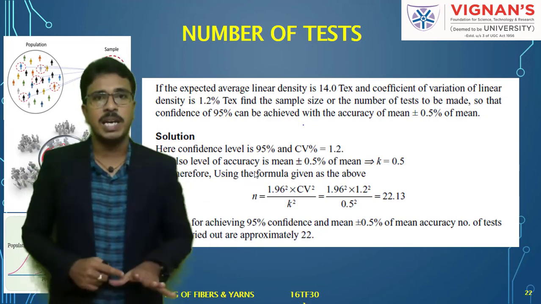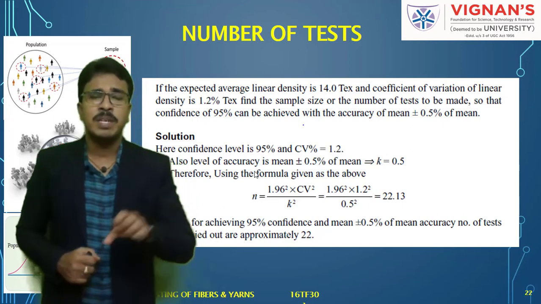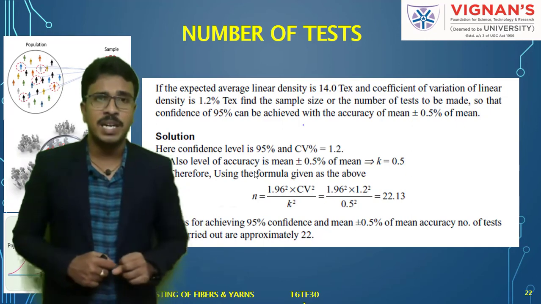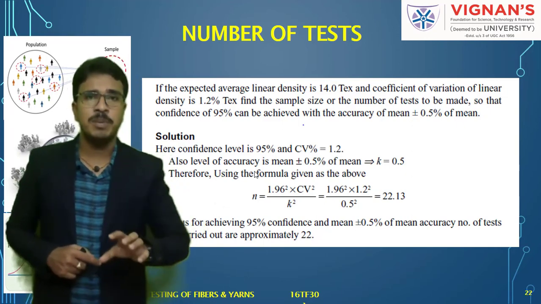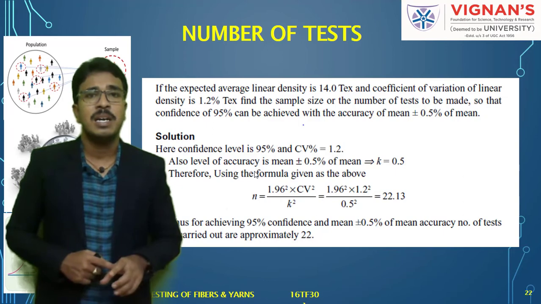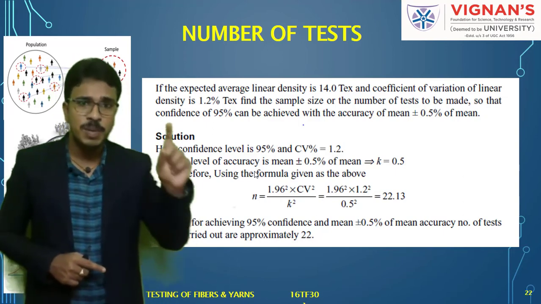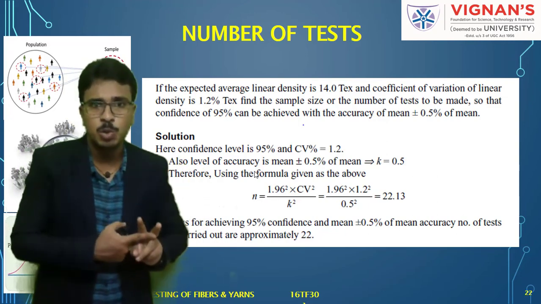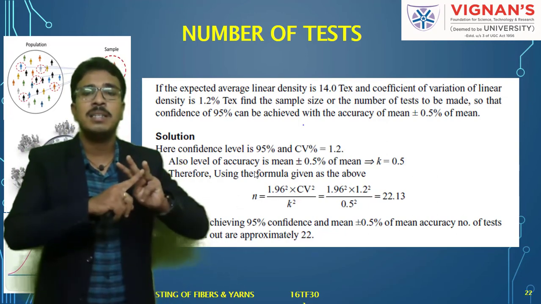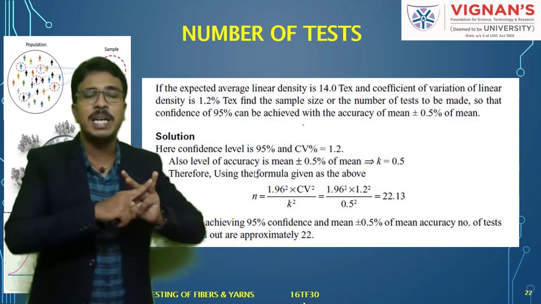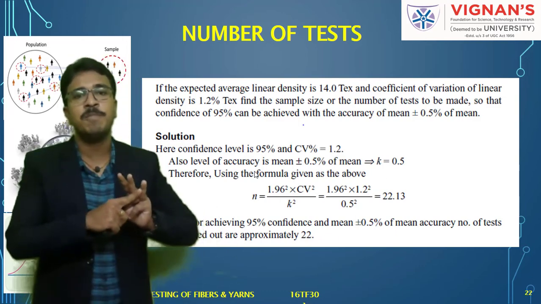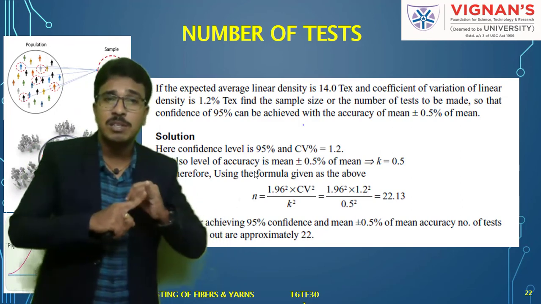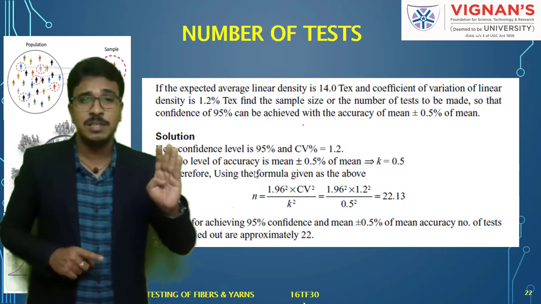I'll brief again what we need to find out: the number of tests to be made, so that the expected linear density is 14 tex, with a coefficient of variation of 1.2 percentage, the accuracy of mean at plus or minus 0.5 percentage of mean, and at the same time the confidence level at 95 percentage.